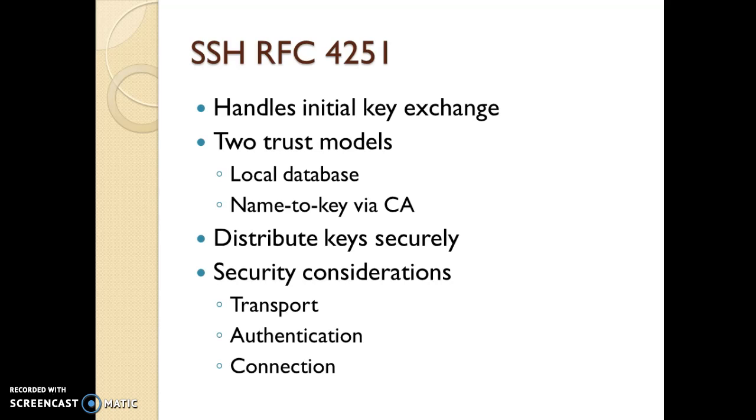One thing that keeps coming up in the document was the necessity for really good key management. So that's what the bullet point distribute keys securely is referring to. And in terms of security considerations, we talk about transport, authentication, and connection, which will be discussed in the upcoming slides.